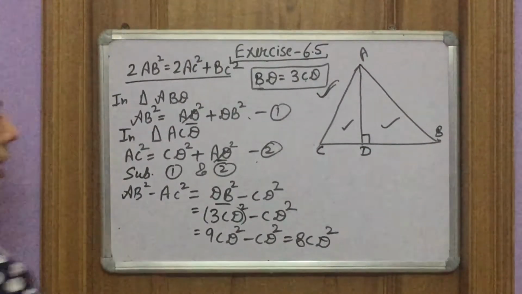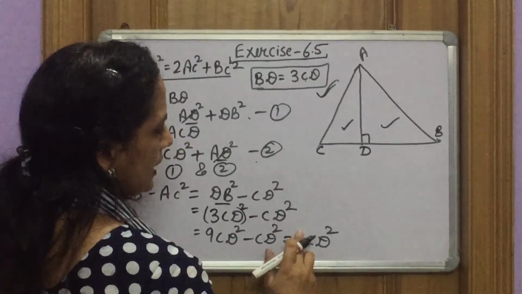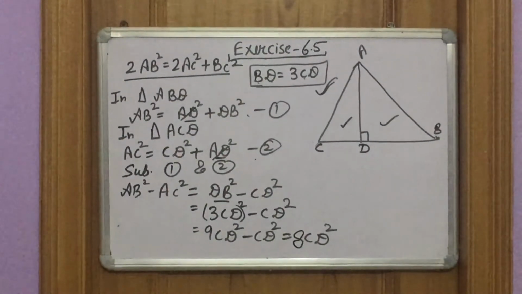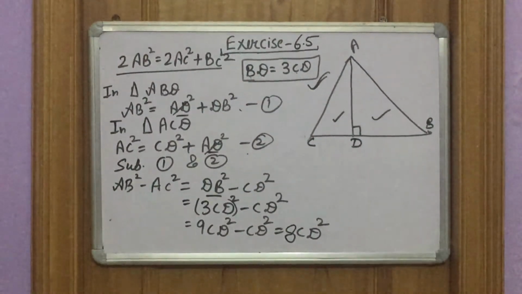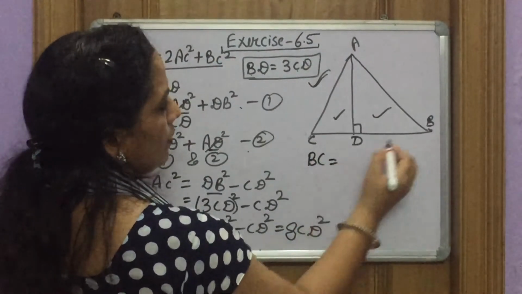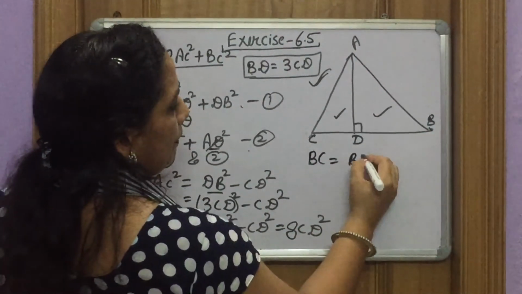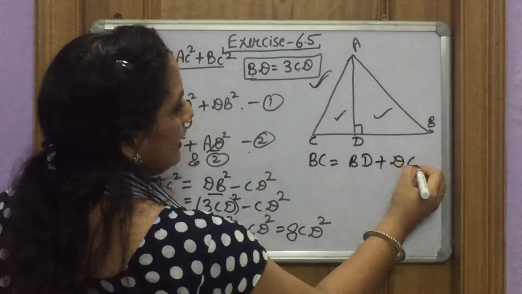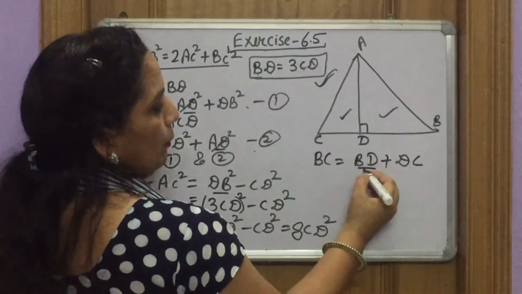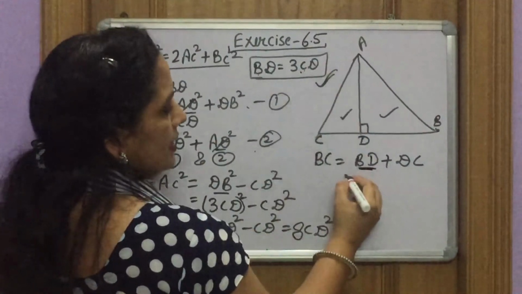Now we will find out the value of CD. We can say that this BC side is equal to BD plus DC. And also in the question it is given that BD is equal to 3CD.